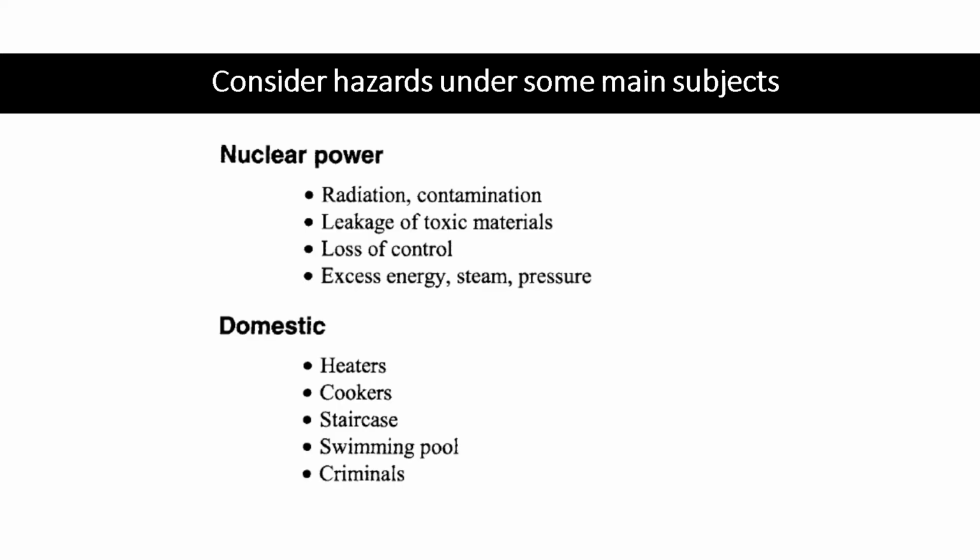In nuclear power, we have radiation, contamination, leakage of toxic material, loss of control, excess energy, steam, and pressure. In domestic, we have heater, cooker, staircase, swimming pool, and criminal.